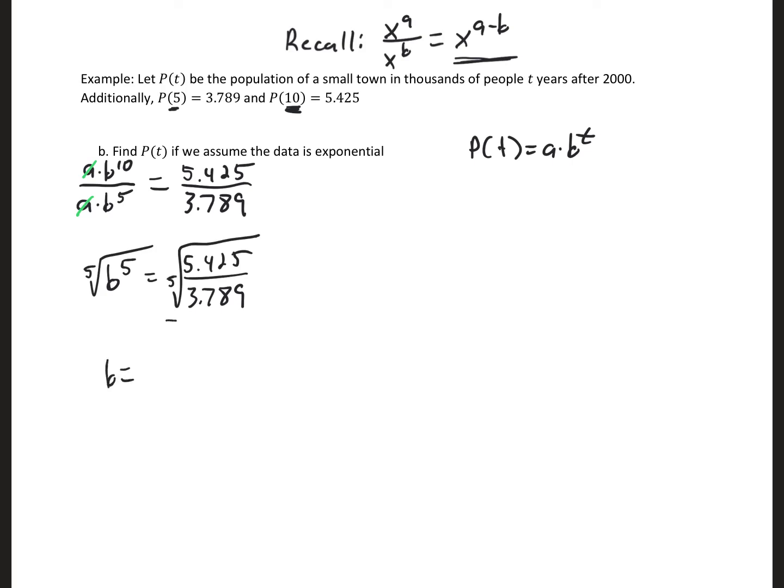And you'll see on the video below, I find this value using the graphing calculator. So you can find special roots on your graphing calculator. When we find the fifth root of this, we'll get 1.074. And again, I encourage you to look at that calculator video to see us compute that value. So that's b. Let's plug it in up here.